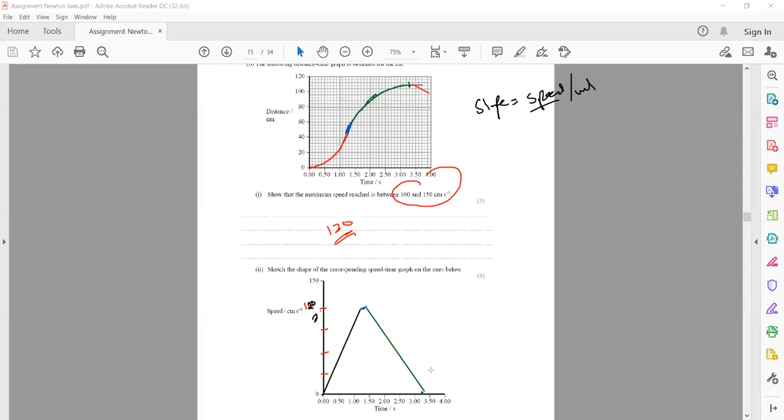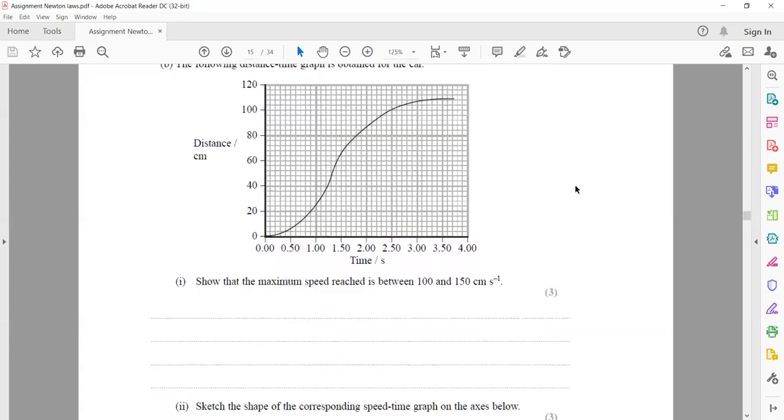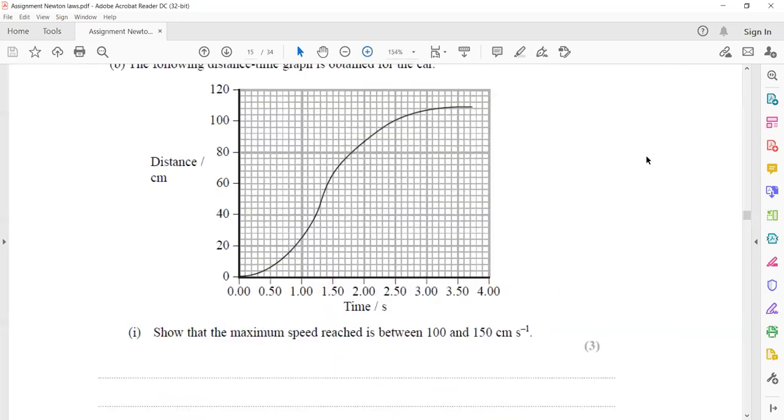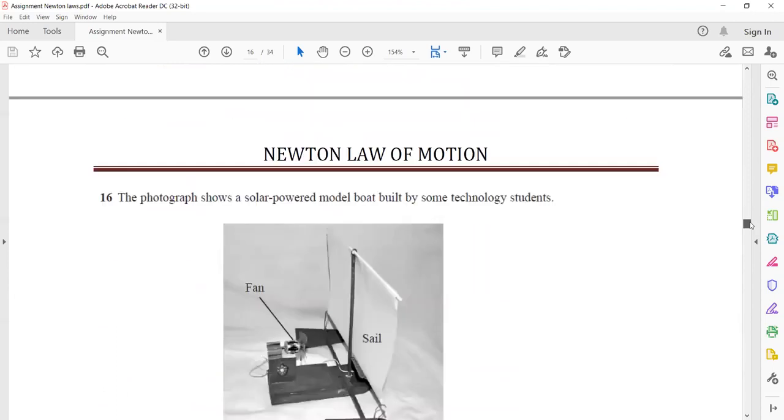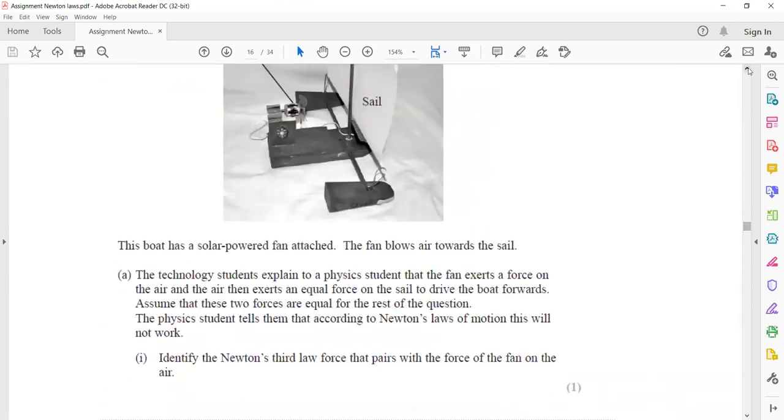So till 3.6, speed will be 0. Is it clear how we completed a speed time graph by using a displacement or distance time graph? In the exam, it can be the other way around. Sometimes they give you a speed time graph and you have to calculate or sketch a distance time graph. So it varies. You have to practice both.